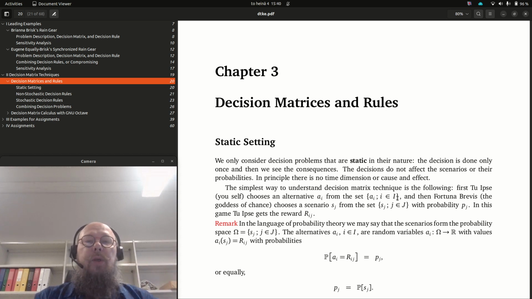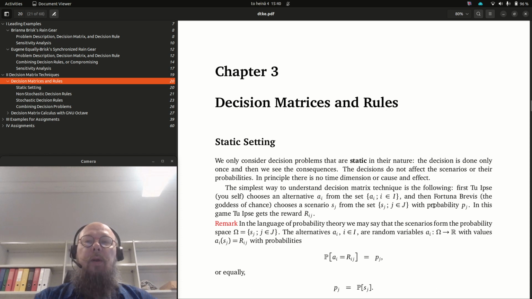Once you have chosen your alternative, then the goddess of chance, Lady Fortuna, chooses scenario S_j from the set of scenarios, and j belongs to again some index set, capital J. So if there are 4 scenarios, then capital J is the set of 1, 2, 3, 4.